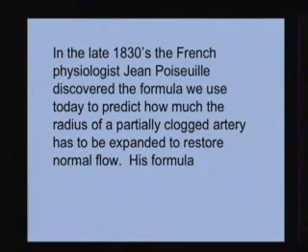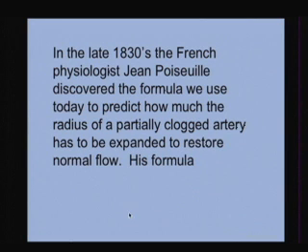In the late 1830s, French physiologist Jean Poiseuille discovered the formula we use today to predict how much the radius of a partially clogged artery has to be expanded to restore normal flow.